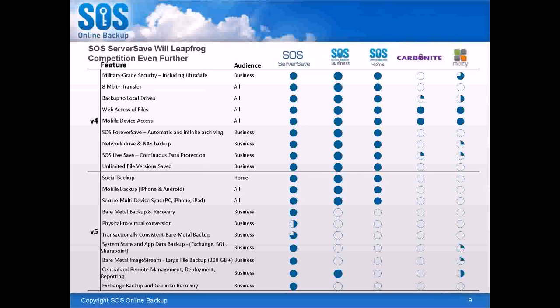So for the feature list, here's a grid, and this is more historical and who we were typically competing with: our file and folder program. We consider that to be our version 4 technology, the file and folder backup agent. Those of you who are already partners, this is familiar to you. We've always been best in backup.